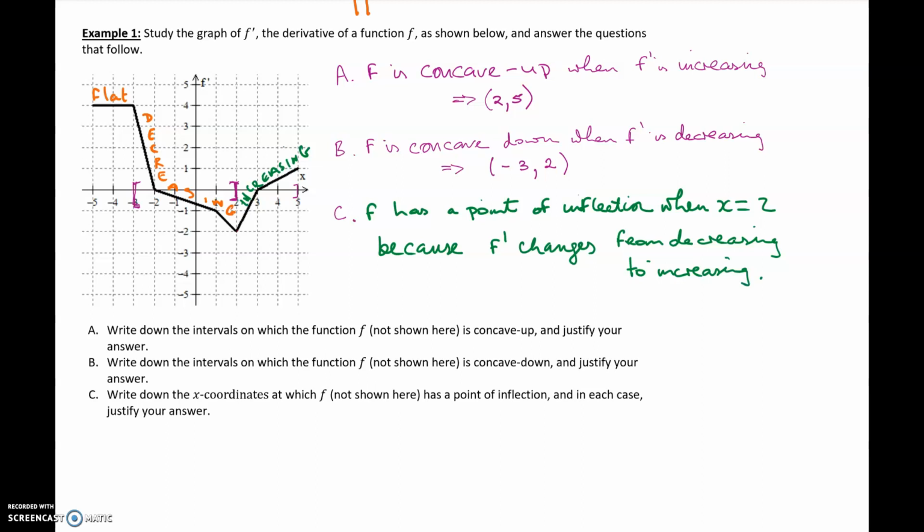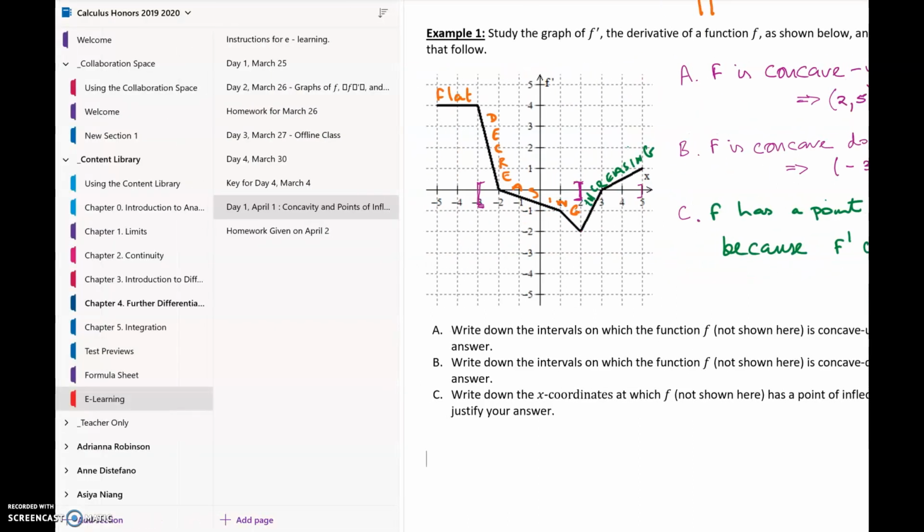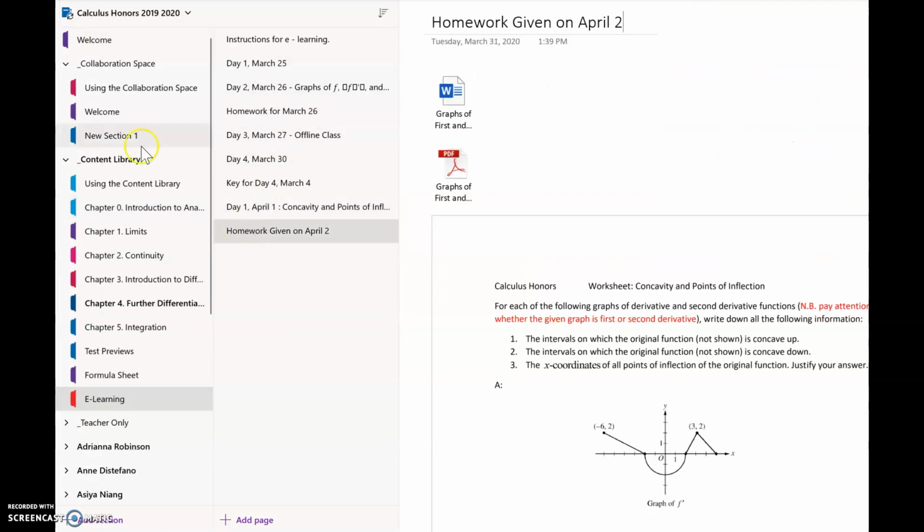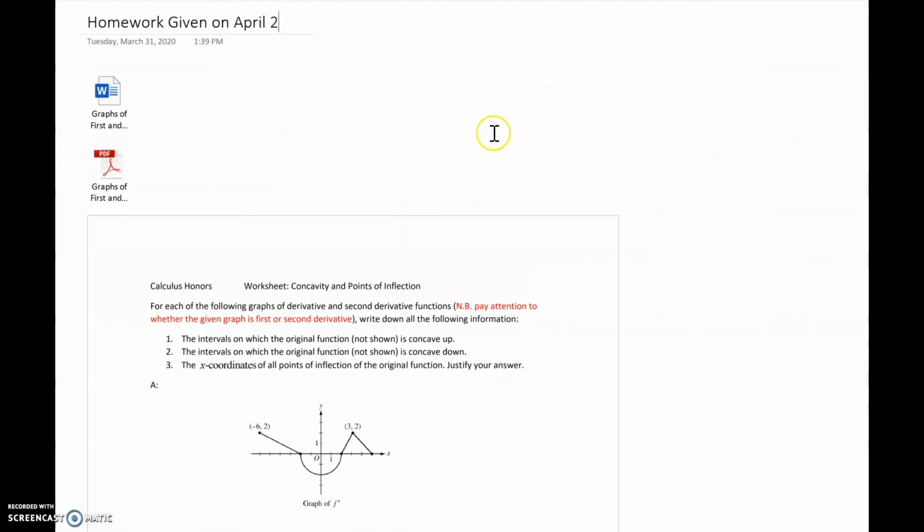Okay, and that's almost bringing us up to 13 minutes, so we're not going to have time to do the next one. Okay, go through this video as often as you need and watch especially the example, and then for homework I want you to go down here to where it says homework given on April 2nd. It originally said April 1st, but we didn't get to it yesterday.